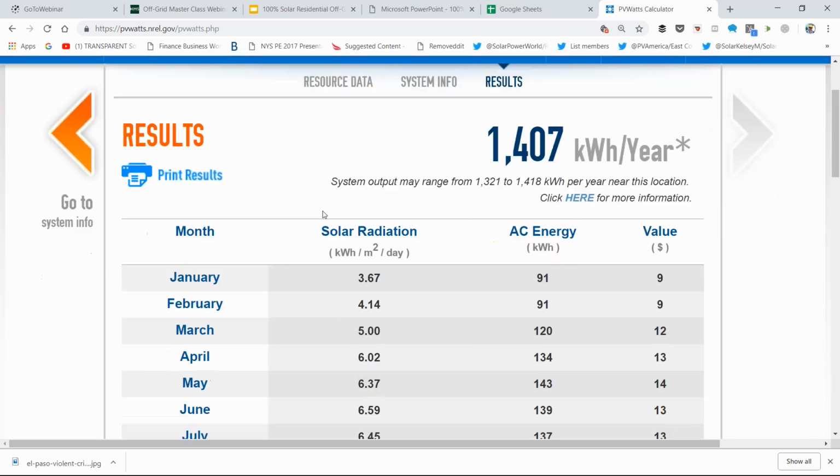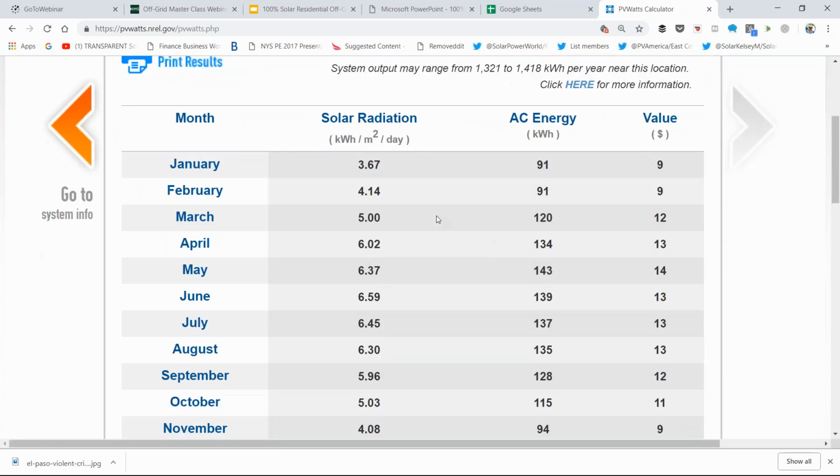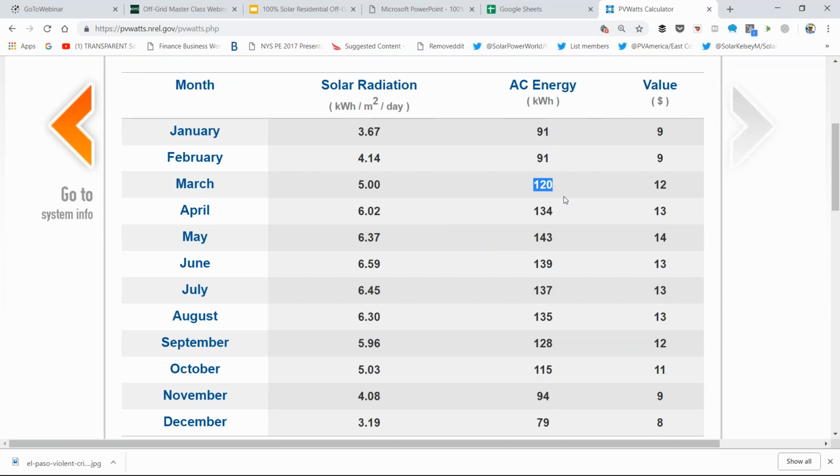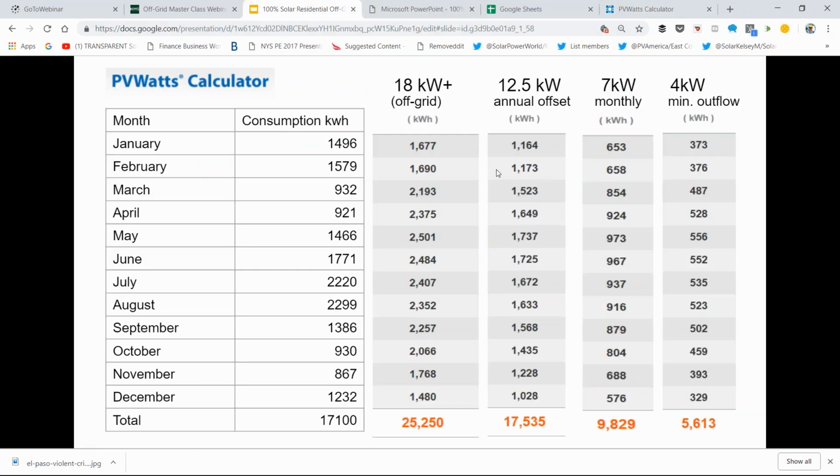But what we see is, just very quickly using PV watts, we get a month-by-month printout of what a typical year is going to do. Now, not all years are typical, so it does behoove you to err on the side of oversizing for off-grid.